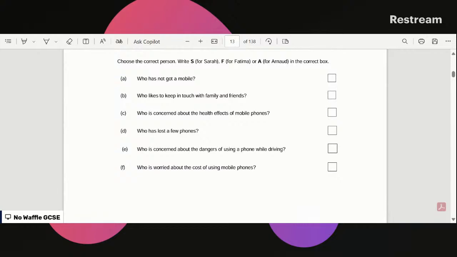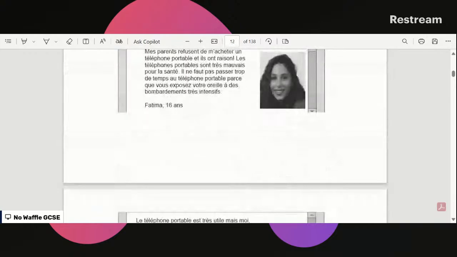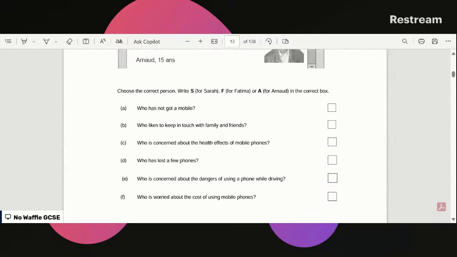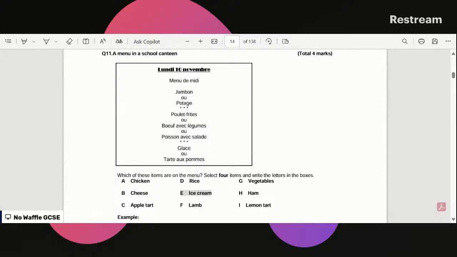Yeah, it is a question mark for the second answer. Oh, sorry, I think I accidentally put that. Yeah, it's supposed to be a question mark. Okay, choose the correct person for each of these. I think we need to get through this quickly, so we've already done a mobile phones exercise. Let's keep going as fast as possible.